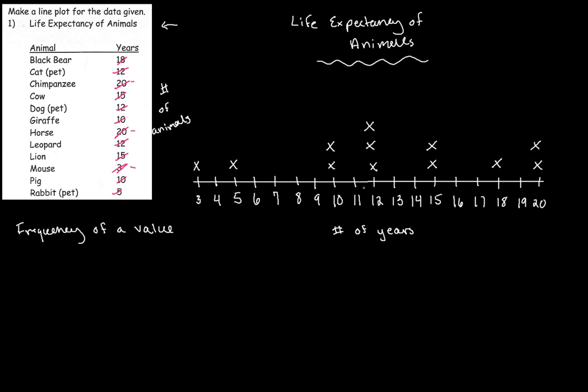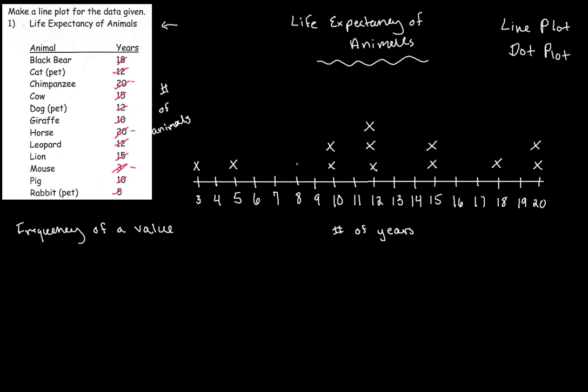So if you're going to make a line plot, that is how you would make it. A lot of people call this a line plot. Some people also call this a dot plot, because rather than using x's, they'll use dots.